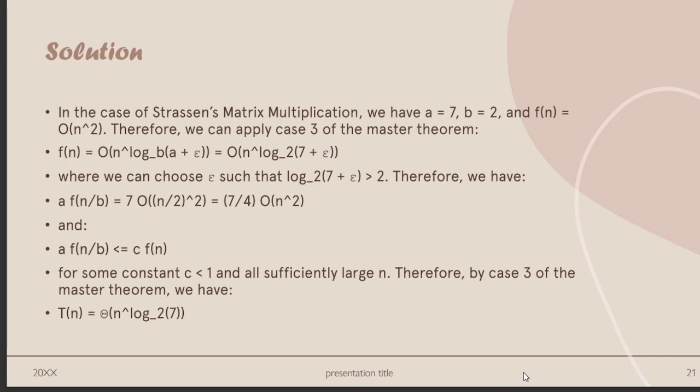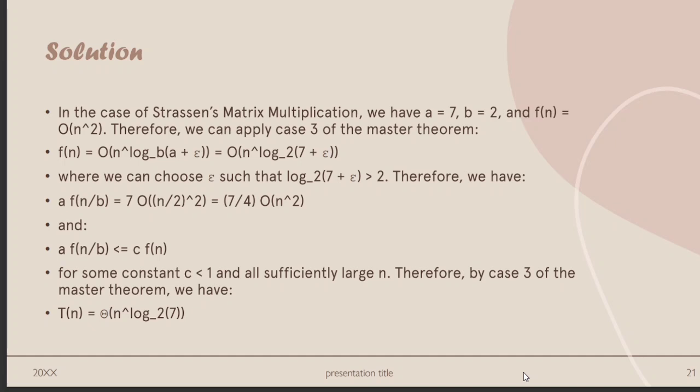Therefore, we can apply case 3 of the Master's theorem. f of n equals order of n to the power log base b of a plus lambda, which equals order of n to the power log 2 7 plus lambda, where we can choose lambda such that log 2 7 plus lambda is greater than 2.